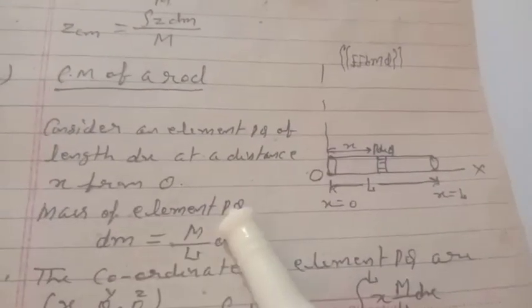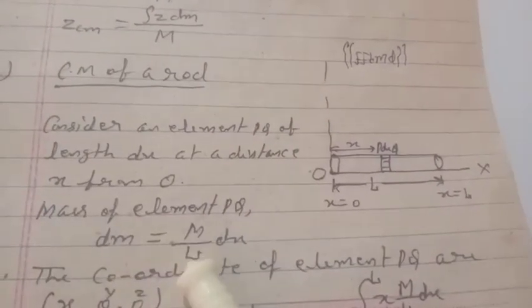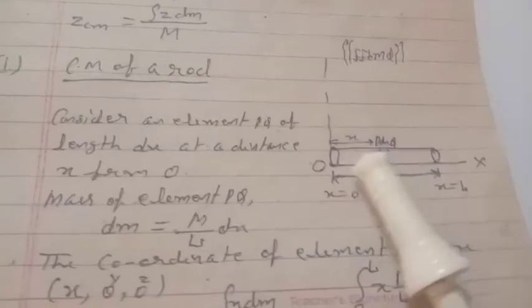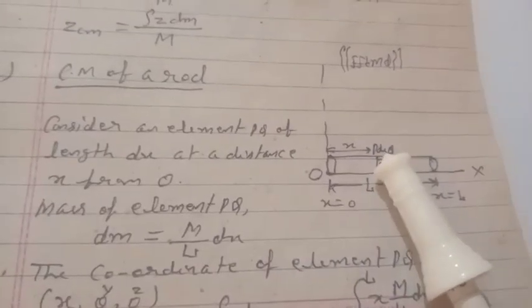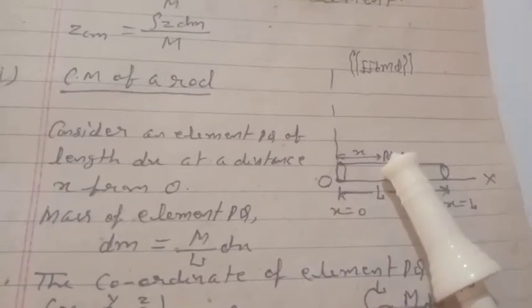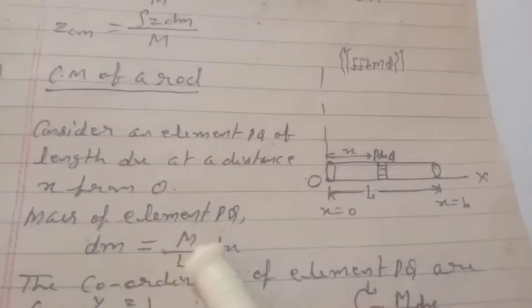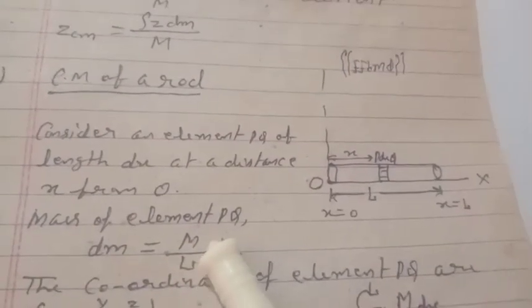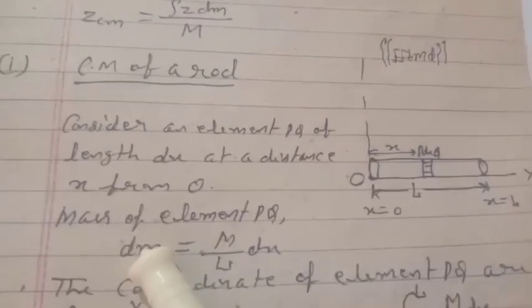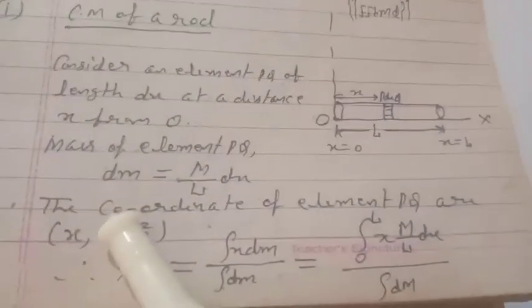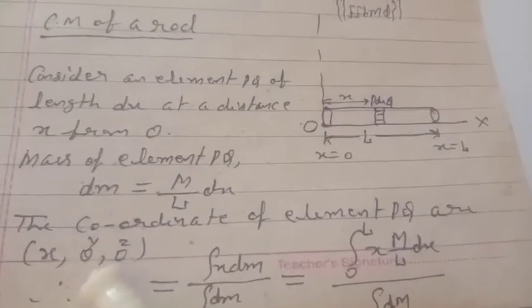Then the mass of element PQ will be dm equals M by L into dx, because the length of the considered element is dx. So M by L represents mass per unit length, and multiplying by the length of the element gives the mass of the element. The coordinates of element PQ are x, 0, 0.